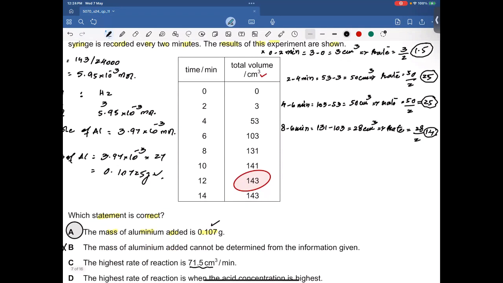Then between 8 and 10 minutes, 141 minus 131 is 10 cm³, so 10 divided by 2 is 5.